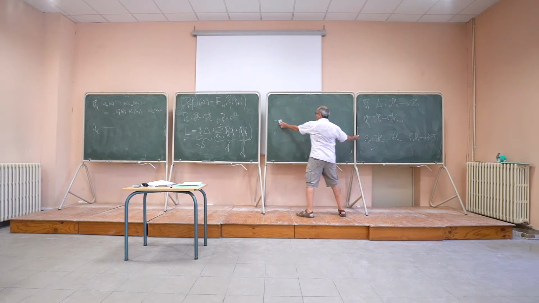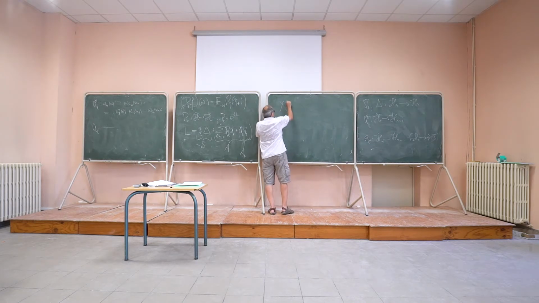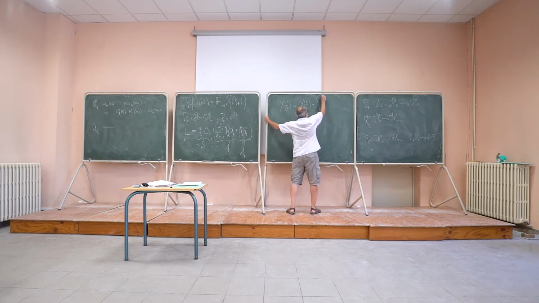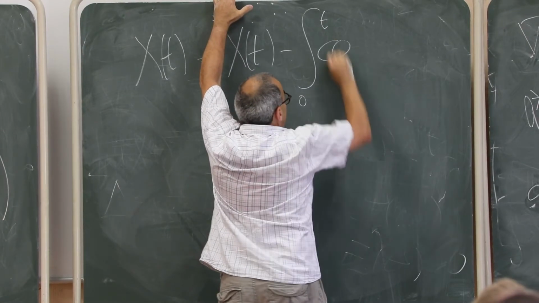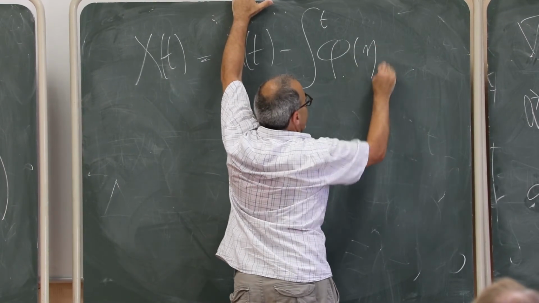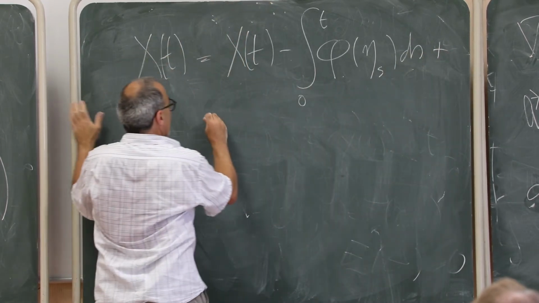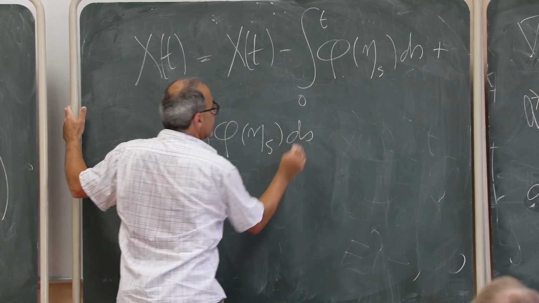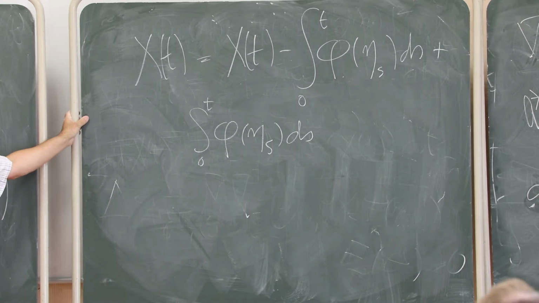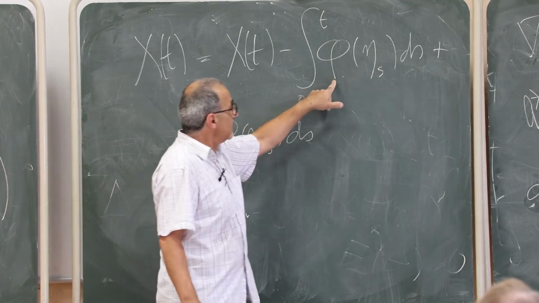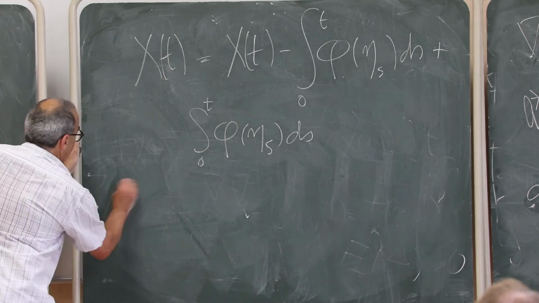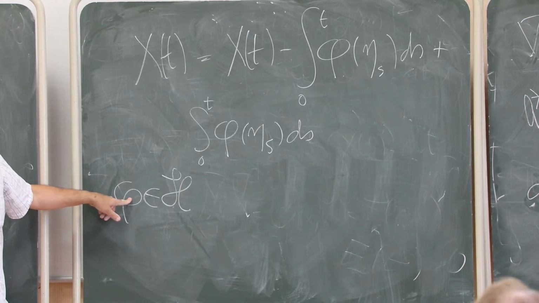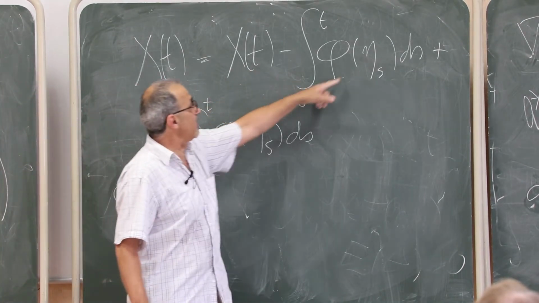Now, I write X_t, that's the displacement of my diffusion, as X_t minus the integral from 0 to t, our old friend, of phi(eta_s) ds, plus the integral from 0 to t of phi(eta_s) ds. That's the martingale decomposition, well known, where I have to choose this phi, a function, an element of my Hilbert space, so a function over the omegas, in such a way that if I subtract it, I make this a martingale.